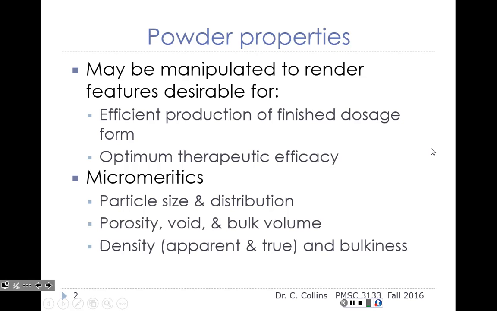The true density, which is what we talked about in Chapter 5 in calculations, deals with the true density of something. But the apparent density is when it's a pure powder and we're processing it, its density properties are a little different than when it's a solid chunk of something, as well as its bulkiness. And all of these go into the size and the type of processing equipment that can be used.